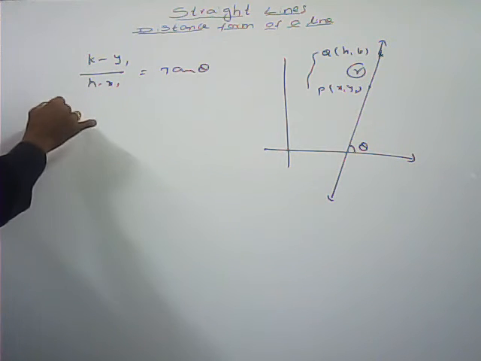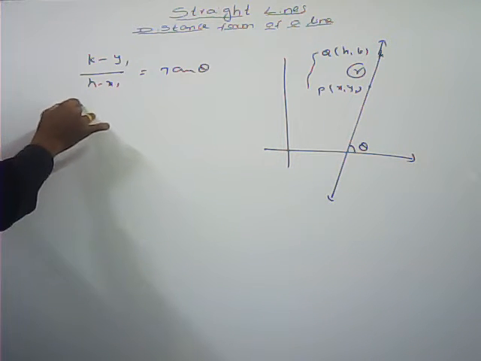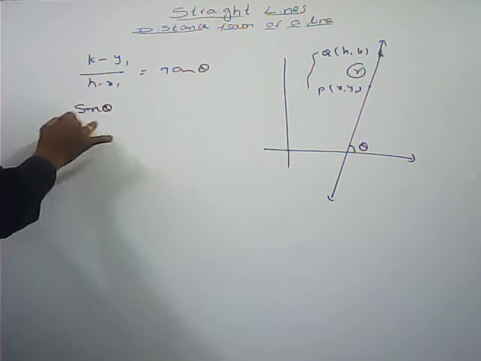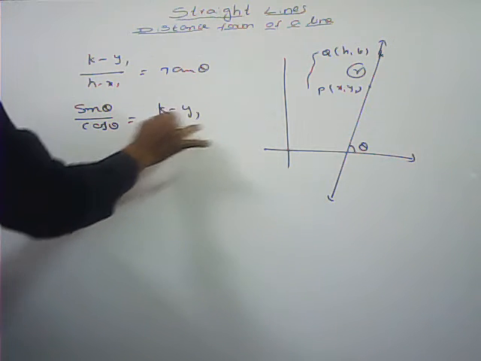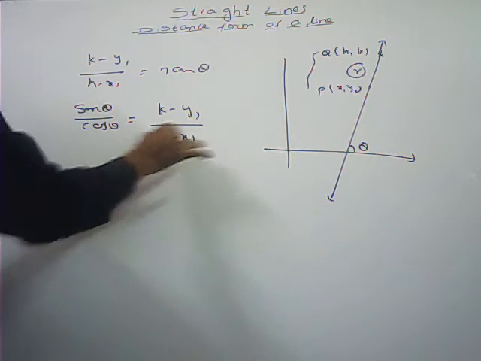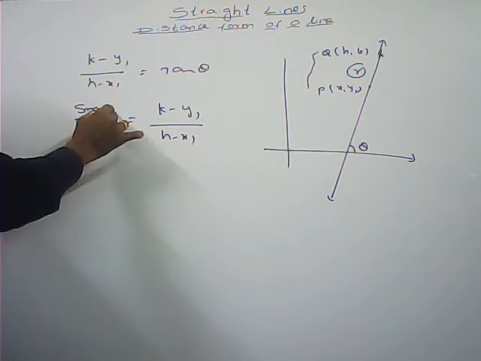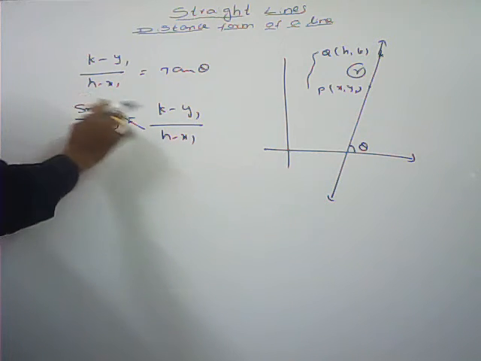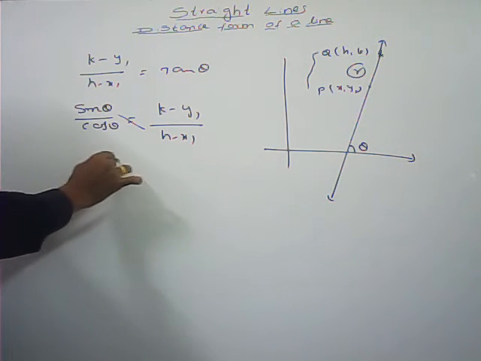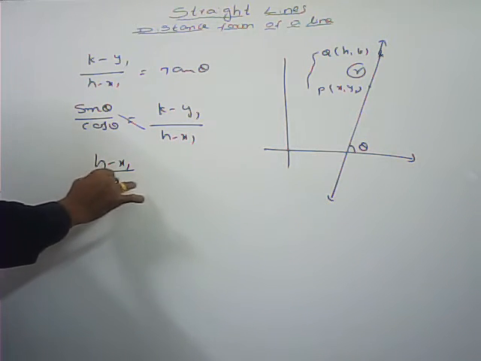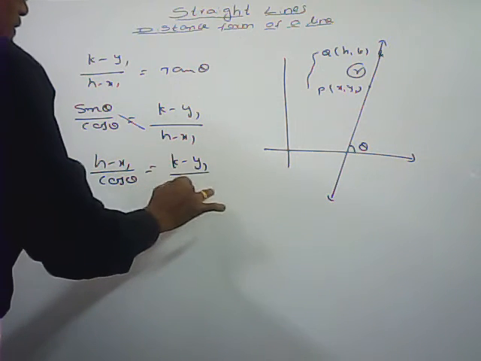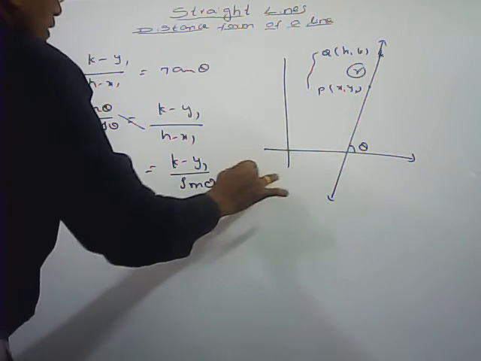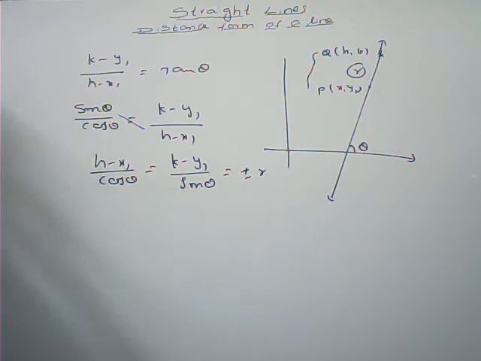Here inclination is given, so we can write the slope also. Tan theta, we can write sin theta by cos theta, that is equal to (k minus y1) by (h minus x1). Interchanging these two, (h minus x1) by cos theta is equal to (k minus y1) by sin theta, that is equal to plus or minus r.